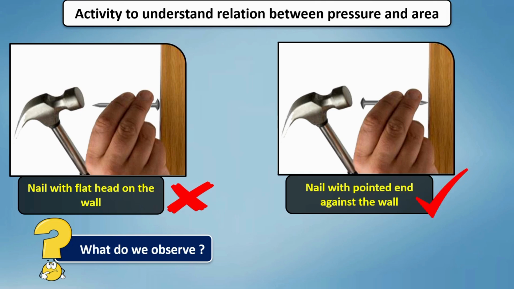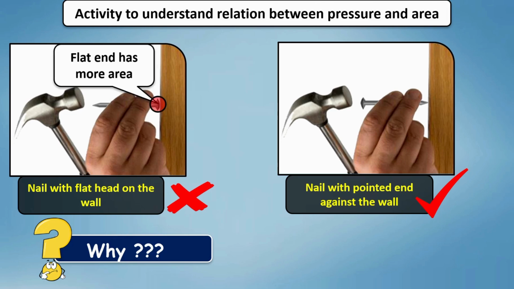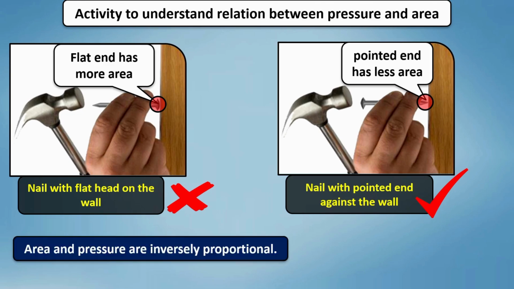The nail with the flat head will not insert into the wall, but the nail with the pointed end can be inserted into the wall easily. Why? The flat end has more area and the pointed end has less area. Area and pressure are inversely proportional.